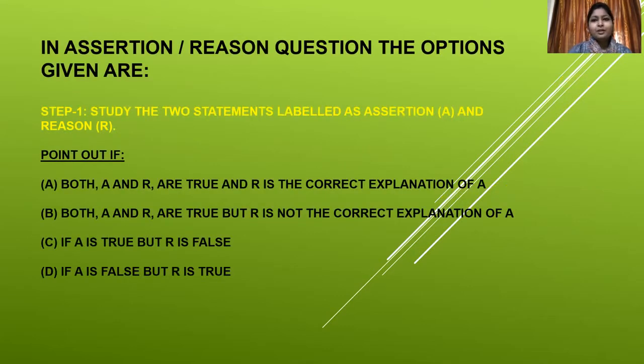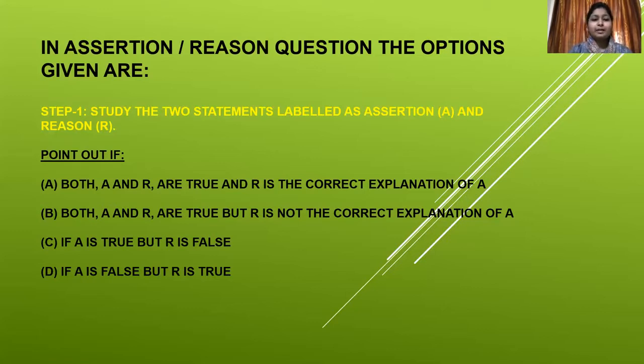Students, when you go through assertion and reason type questions, you'll find that the options given are like this. Step one, you have to study the two statements, assertion and reason, very carefully so that you get an idea of the question.